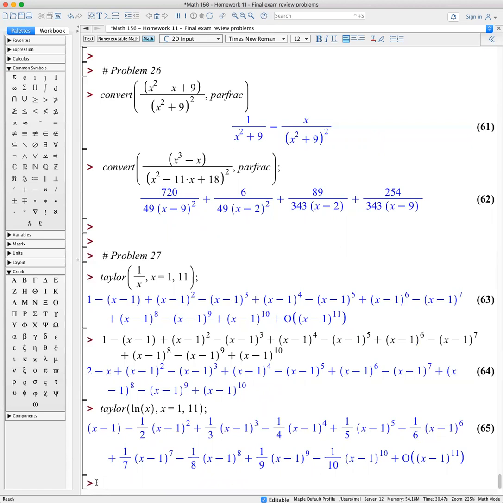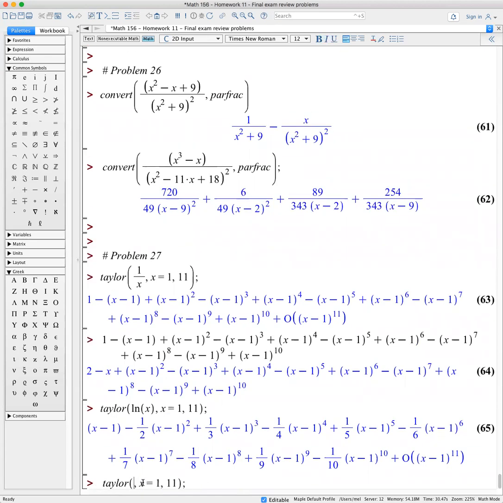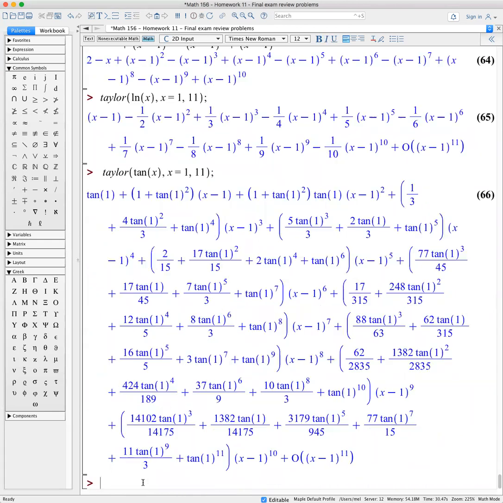That's very pretty. And for tangent of x, we get something much more complicated. You have to know what the tangent of 1 is. But in any case, this is a polynomial of degree 10, and this is the error term.